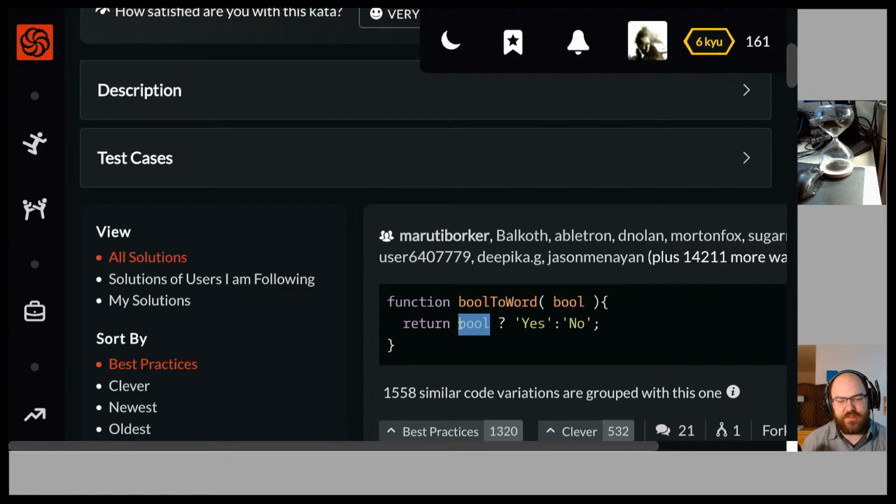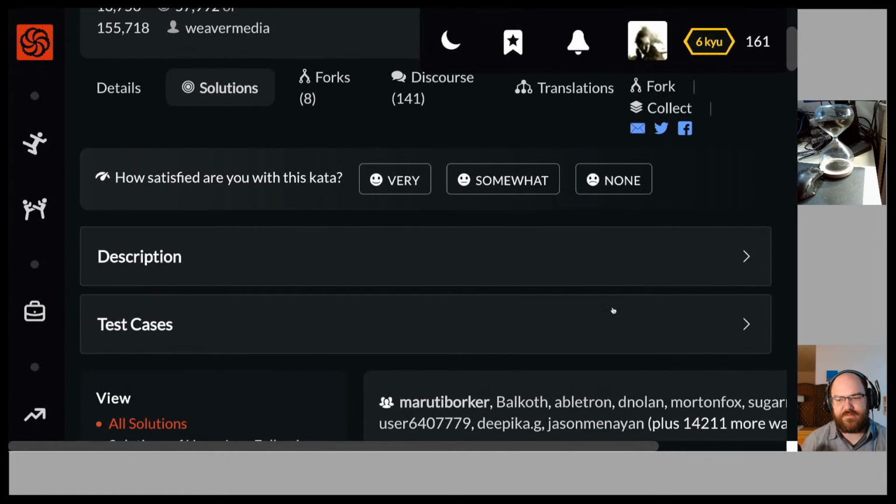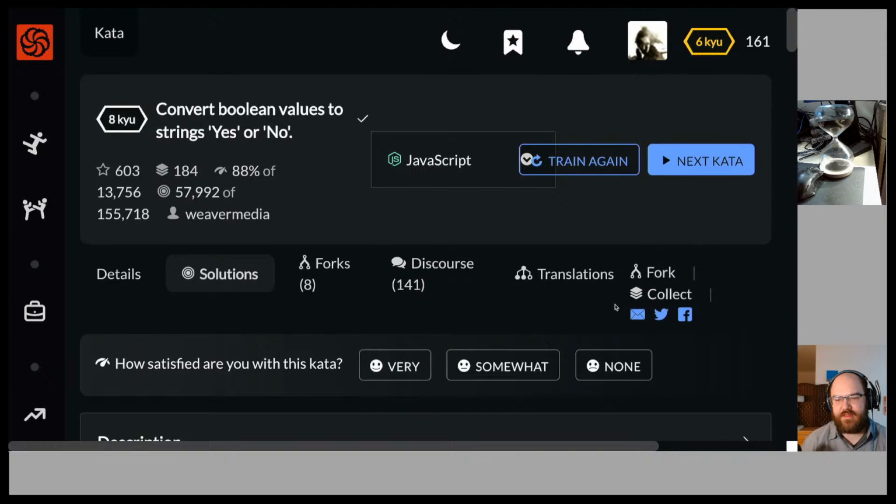Return bool, so there's the condition, there's the question mark, here's the true case, here's the colon, here's the false case. Okay, any questions on that before I move to another kata? Let's move forward.